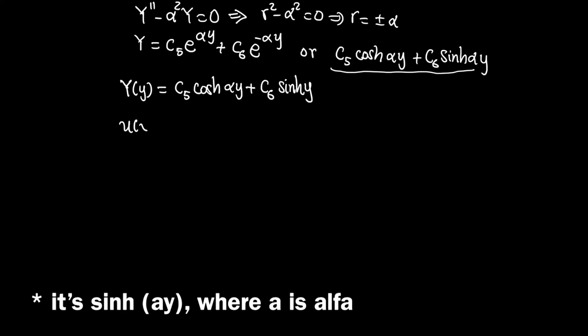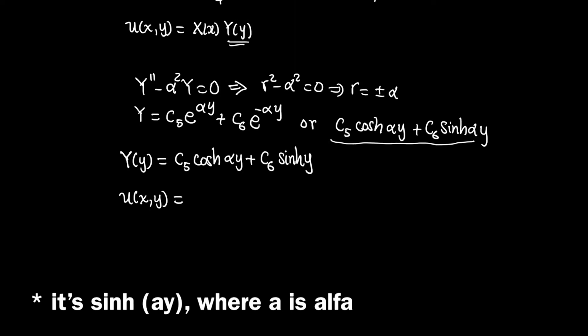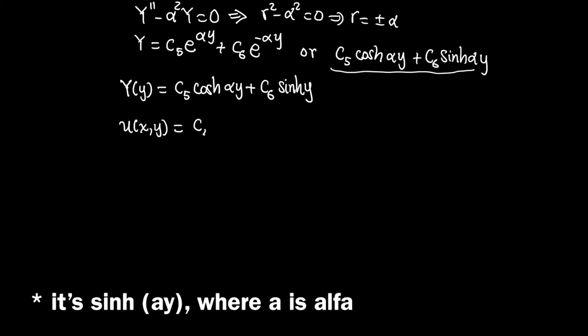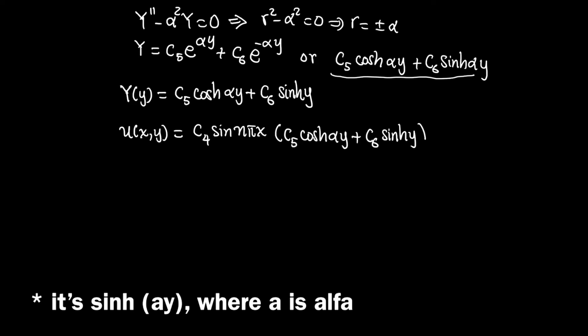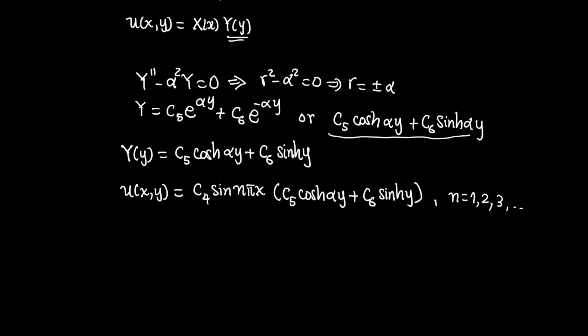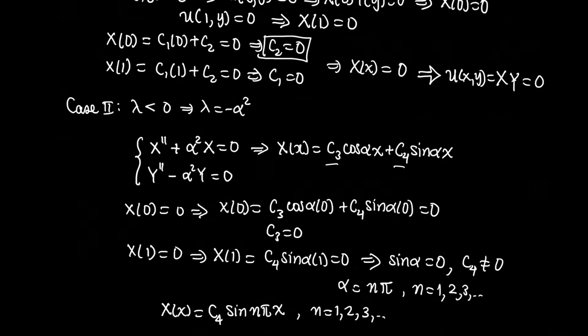Then u(x,y) is c4 sine of n pi x times c5 cos hyperbolic plus c6 sine hyperbolic, for n equal to 1, 2, 3, and so on. That's the solution for when lambda is negative.